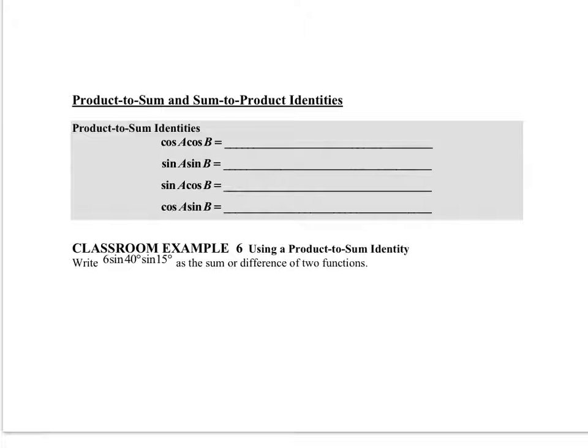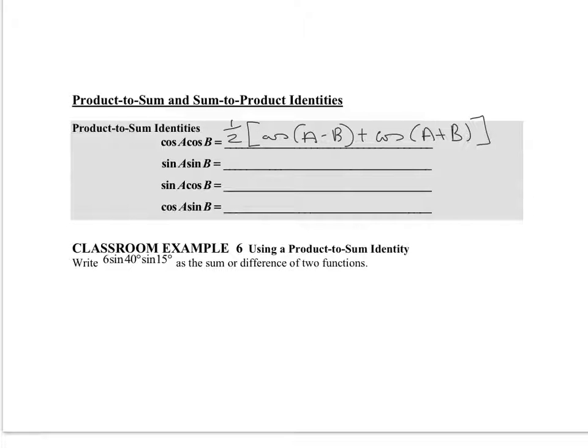Because we ended up with the cosine A, cosine B, and then it would either be a plus or it would be a minus, and then you'd have your sine A, sine B. This is kind of a variation of that. Look at what this is equal to. It's 1/2 times, and in the bracket, we're going to have the cosine of the difference, A minus B, plus the cosine of the sum of A plus B.